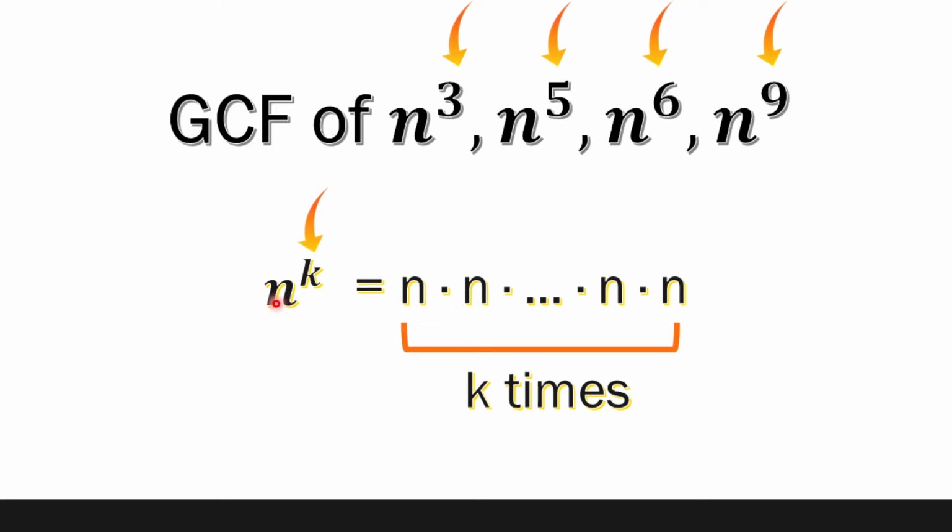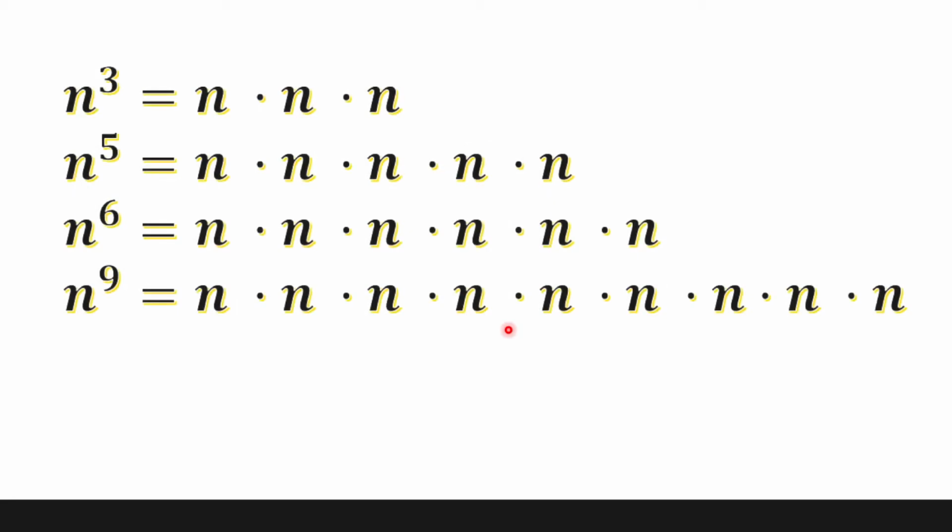So here, n raised to k, so n times n kung ilang times siya. Okay, so in our example, n cubed, n raised to 5, n raised to 6, n raised to 9, makikita nyo lang class na n cubed is n times 3, 3 times ito sa sarili, kasi n cubed. n times n times n times n times n, 5 times, 6 times, and 9 times multiply sa sarili.